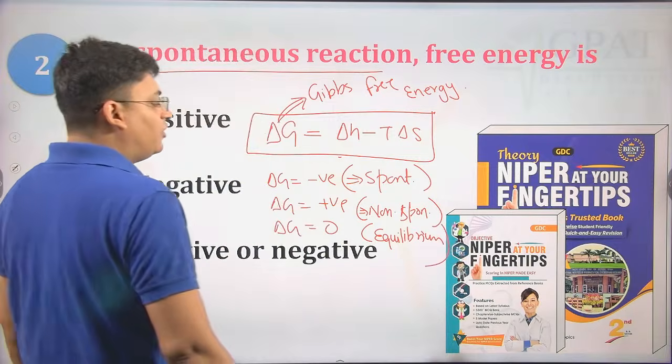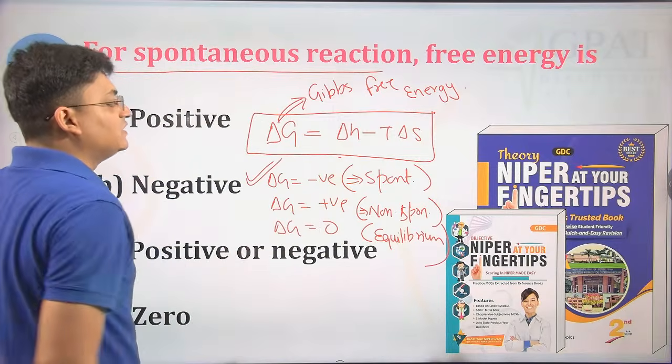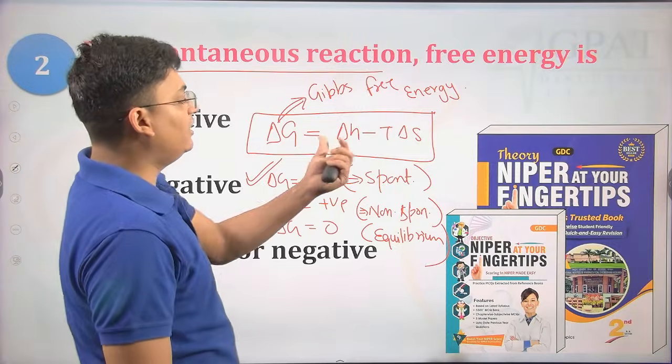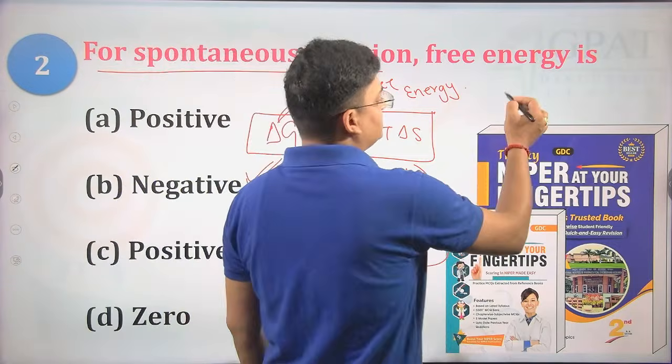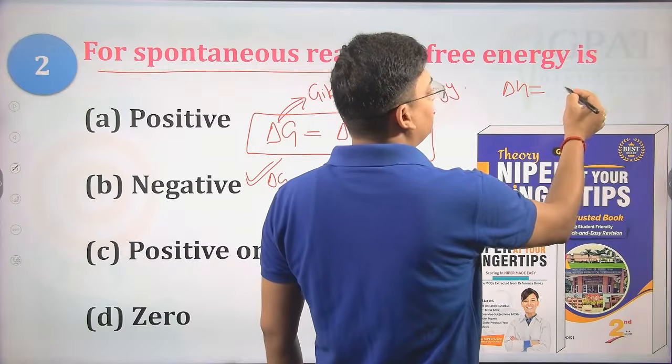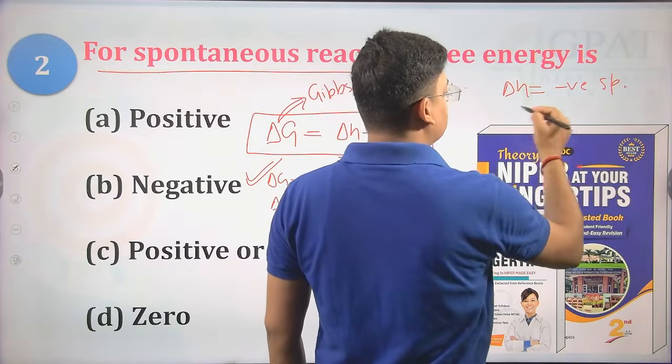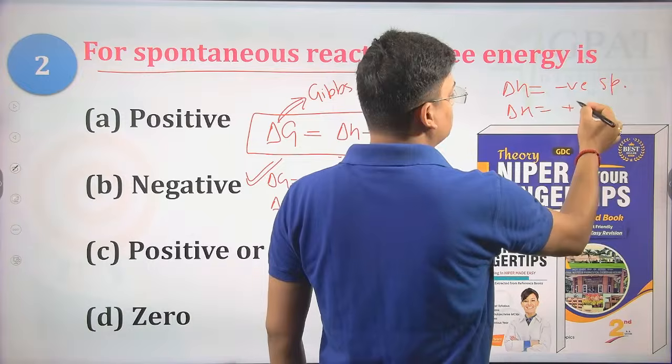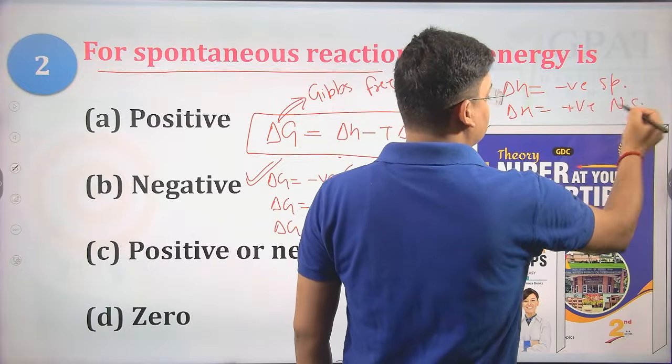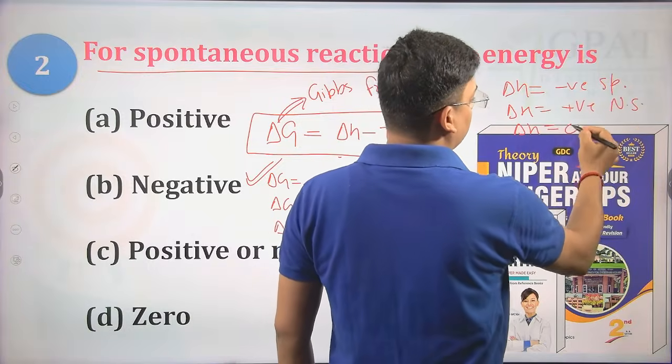So if the value of G is negative, the reaction will be spontaneous. For the value of H, a spontaneous reaction must have a negative delta H, delta H positive for a non-spontaneous reaction, and delta H 0 for equilibrium.